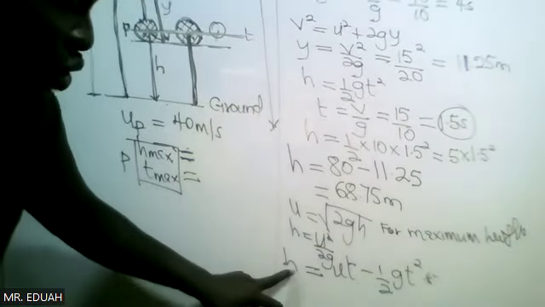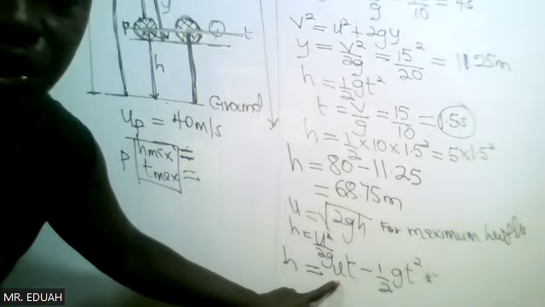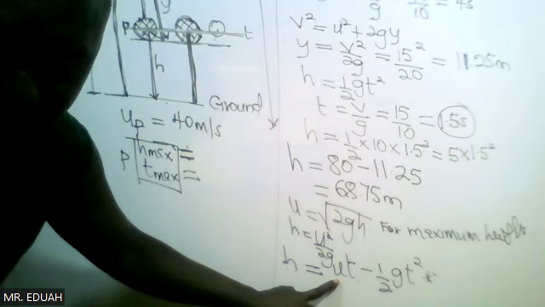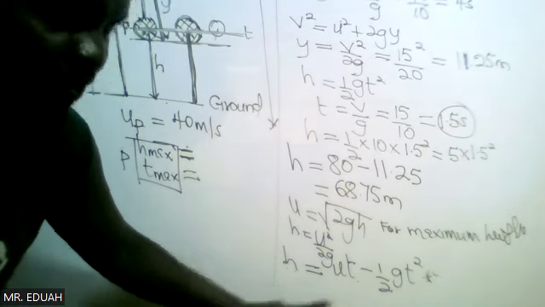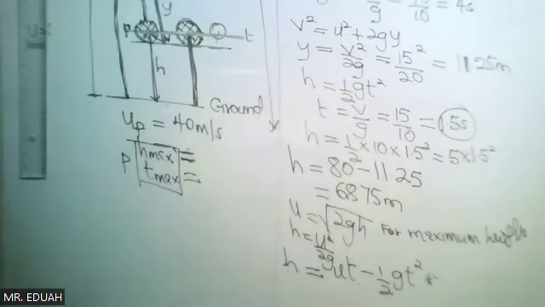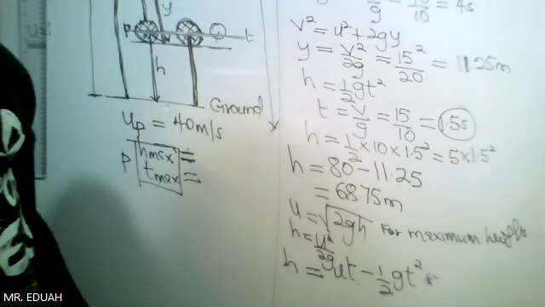So once you know H, you know T, and gravity is constant, can't you find U? Yes, we can. So go ahead and find U. You have T, you have H.